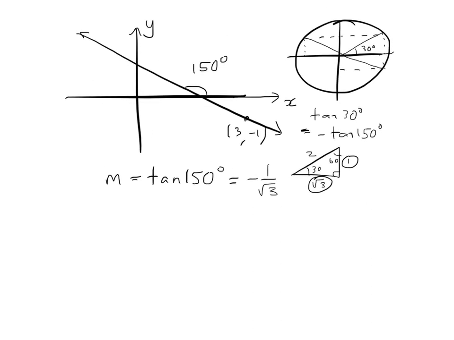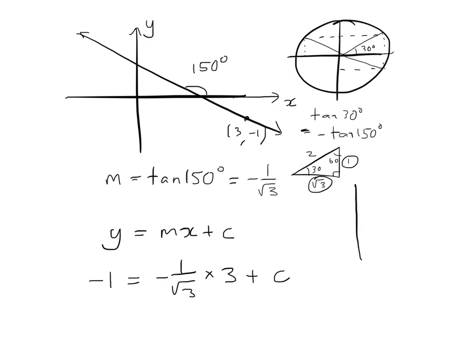Okay, so now that we've got the gradient, we can just go on and finish the question off. We know the equation of the line is y equals mx plus c. We know the y value in this case is -1. The gradient is -1 over √3. The x value is 3. And c looks like that.